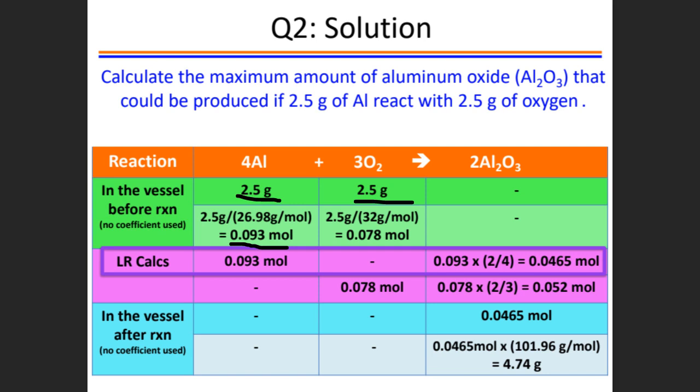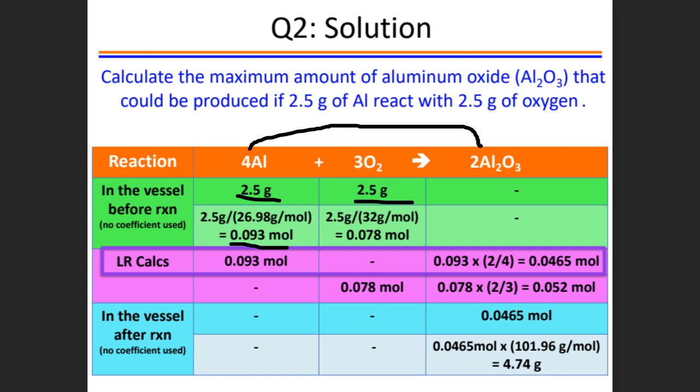So our job here, first step, gram to mole. Second step, use the mole information and the ratio to calculate the limiting reagent. When you calculate the limiting reagent, always use the ratio with the product. So aluminum and aluminum oxide ratio is 2 divided by 4.